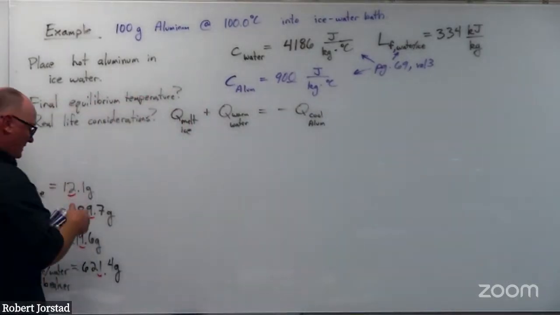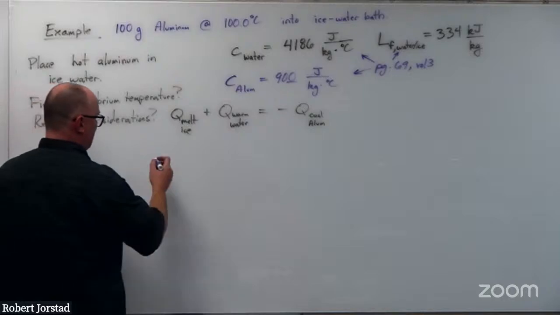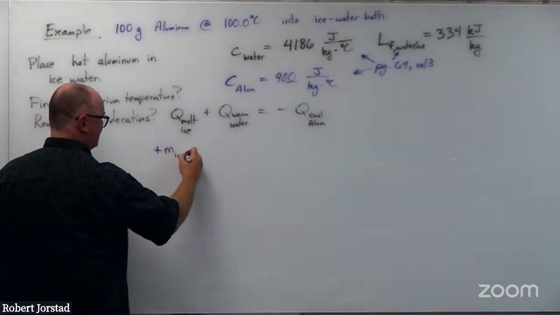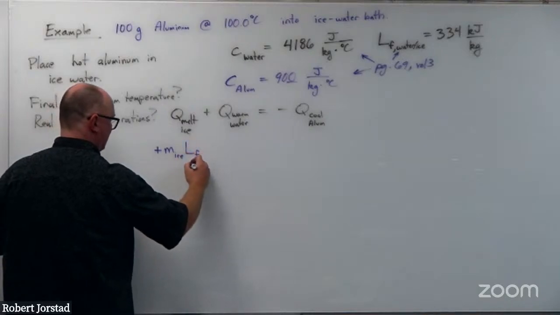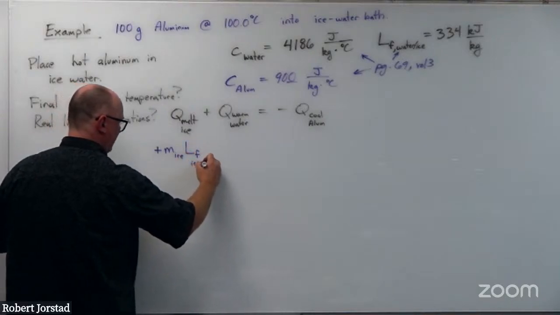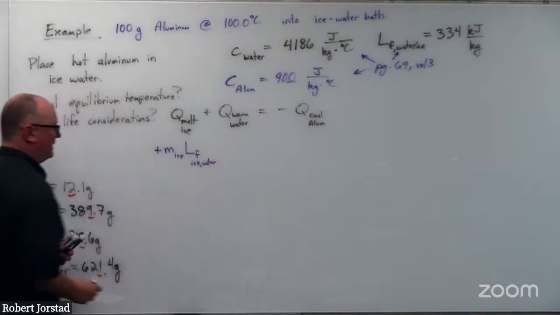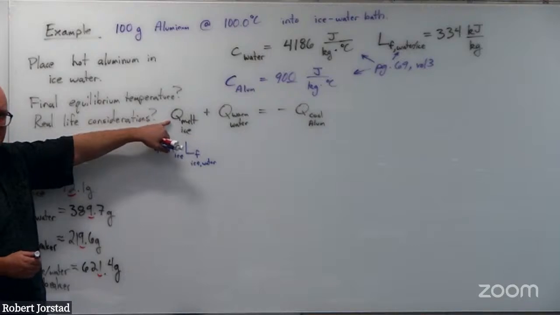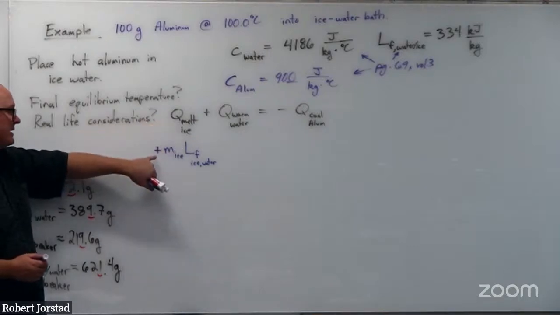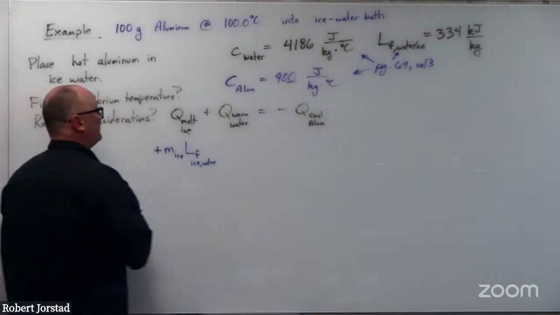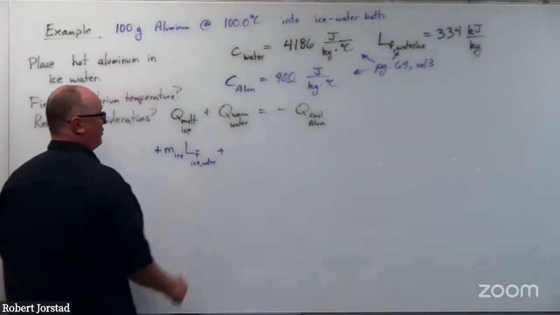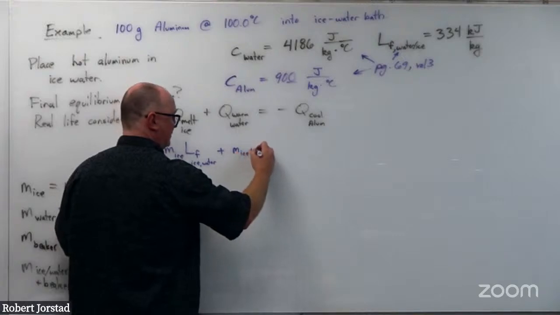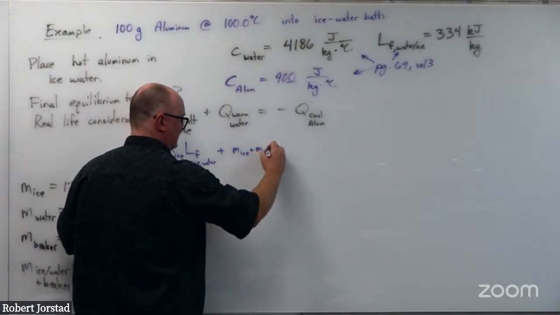Okay, to melt the ice, I'm going to say that's plus mass of the ice, latent heat of fusion for ice and water. I'm using the plus sign because it's a positive heat. If I was freezing the ice, I would use a minus sign. All right? For the warming the water, that's going to be the mass of the ice plus the mass of the water.